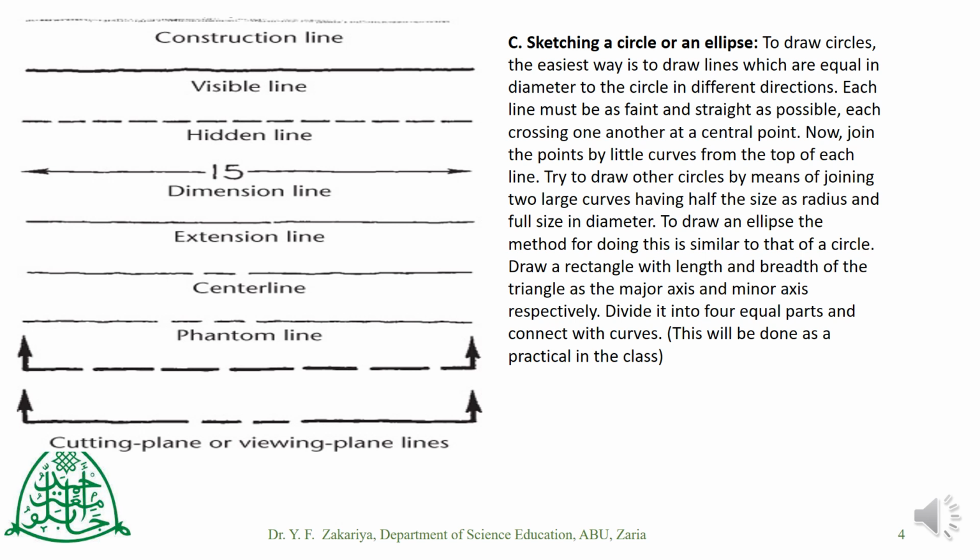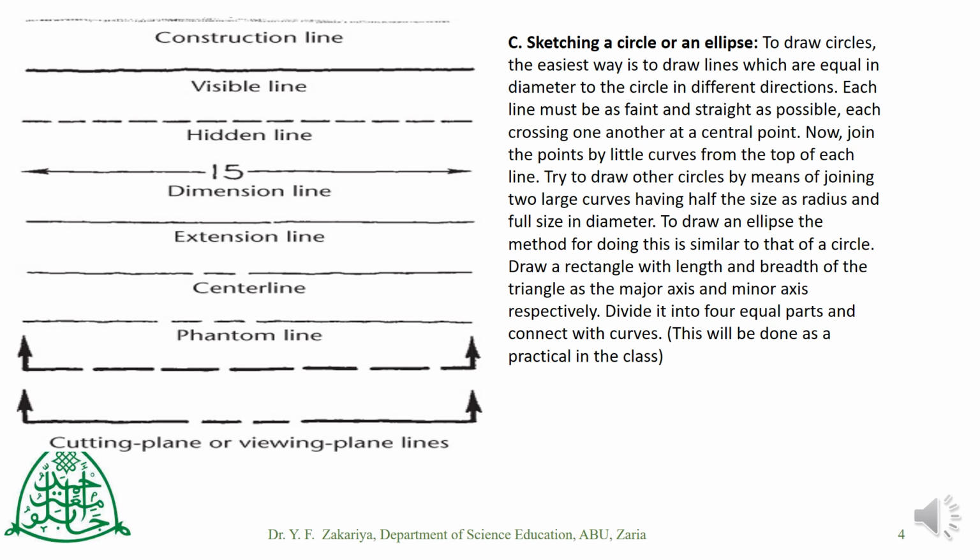Then the third part, still on how to use freehand: sketching a circle or an ellipse. To draw circles, the easiest way is to draw lines which are equal in diameter to the circle in different directions.